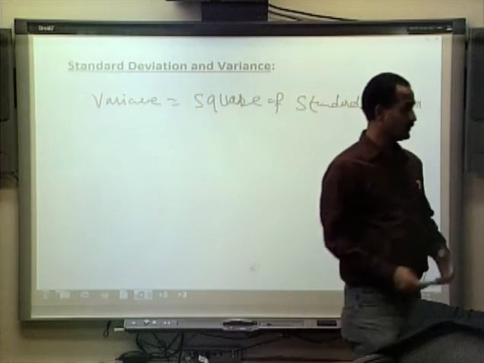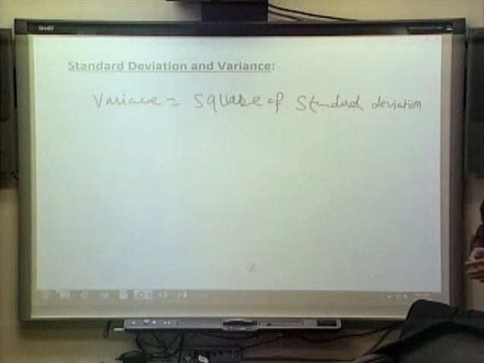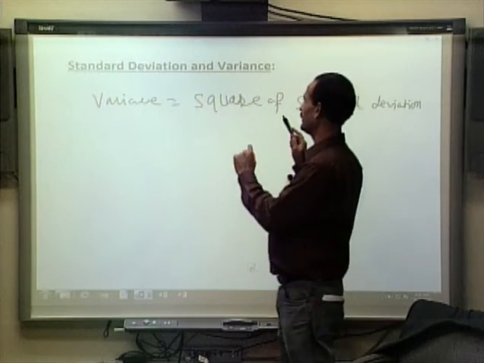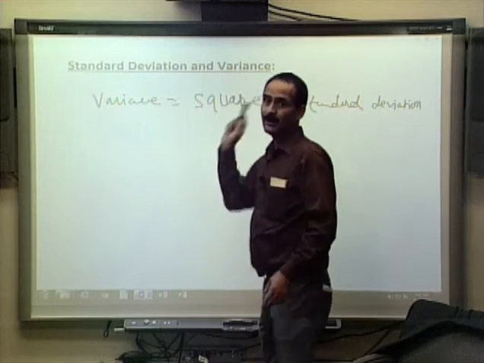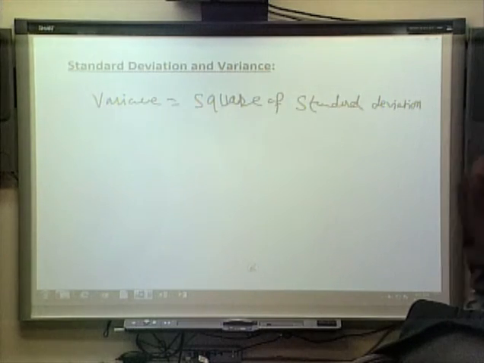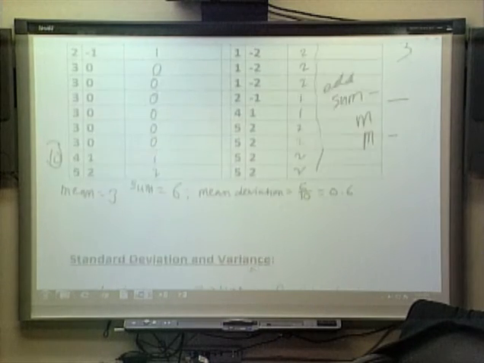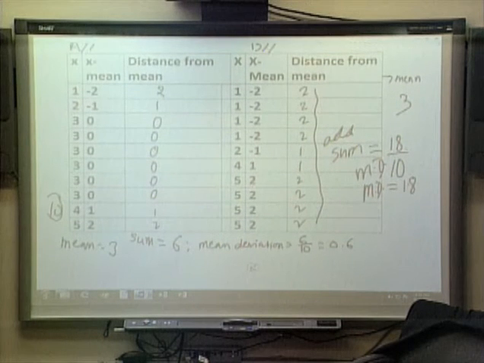Okay. So how do we calculate them? In order to calculate the variance or the standard deviation, we will follow the same table. Let us look at this table for a second.